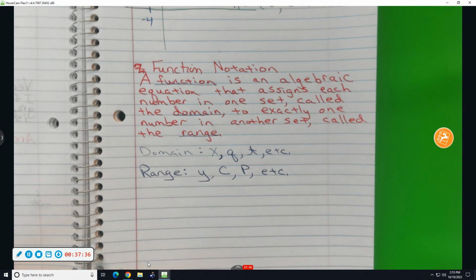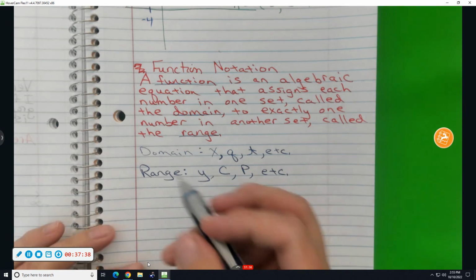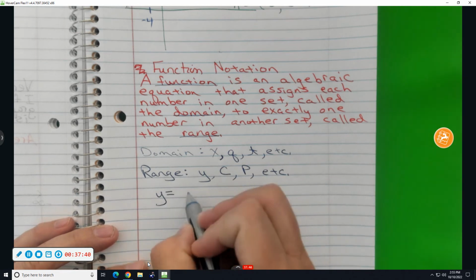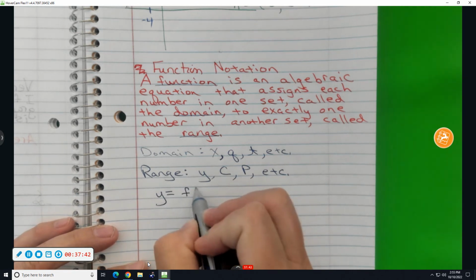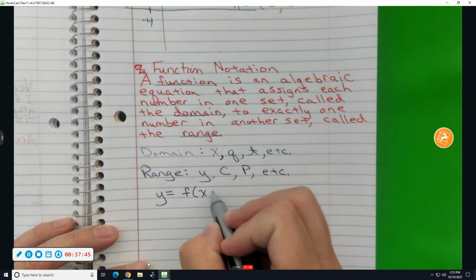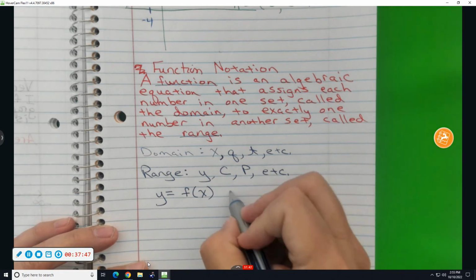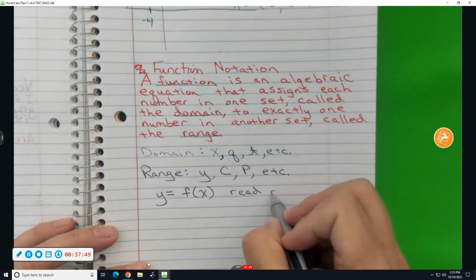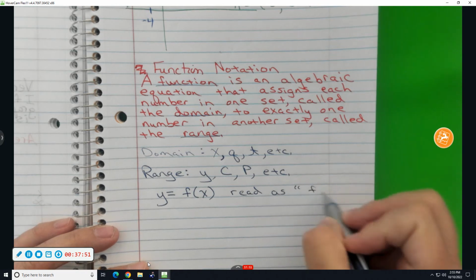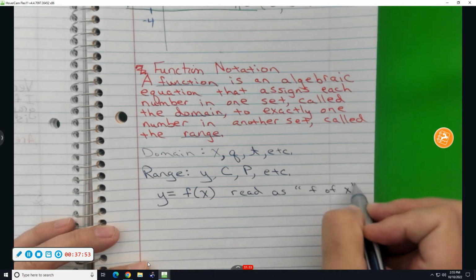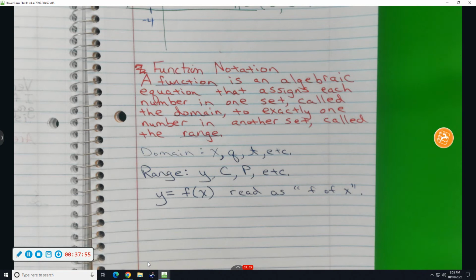With function notation, we can replace the variable y with the notation f left parentheses x right parentheses. That's read as f of x, or function of x. And that of in parentheses does not mean multiplication.